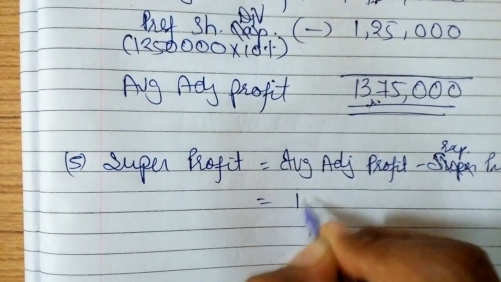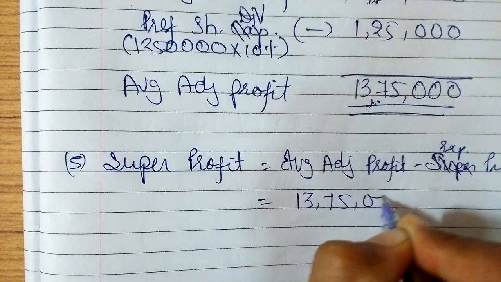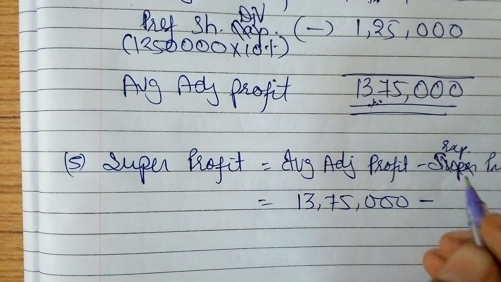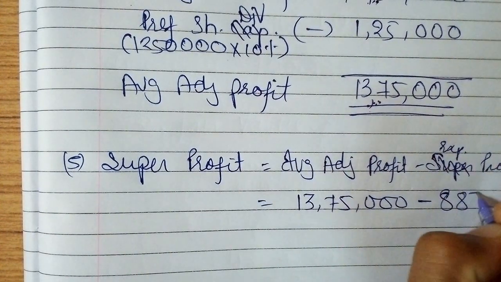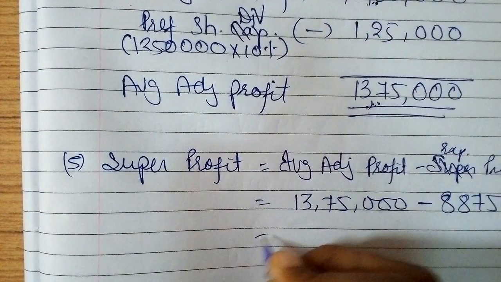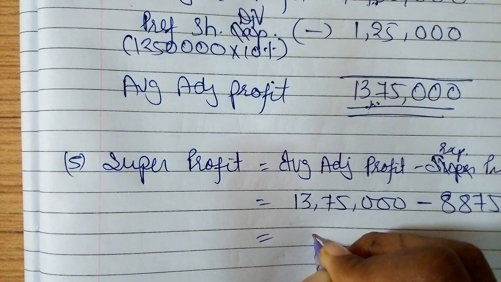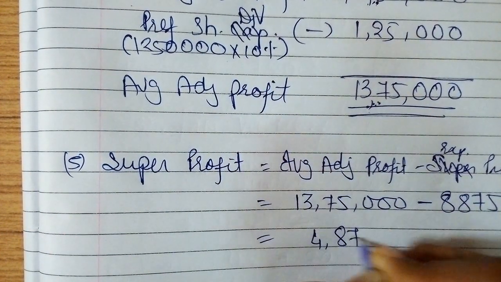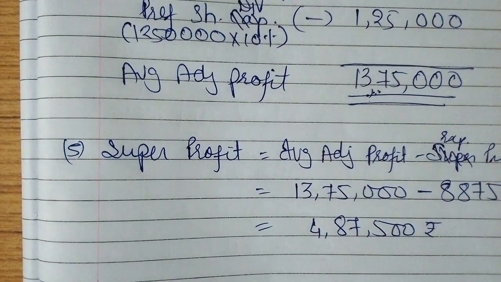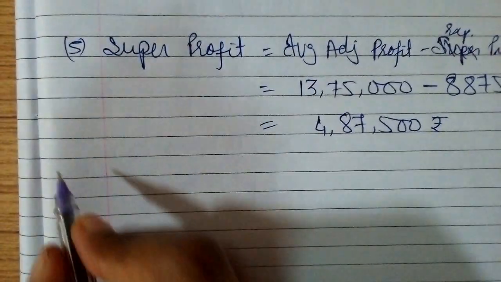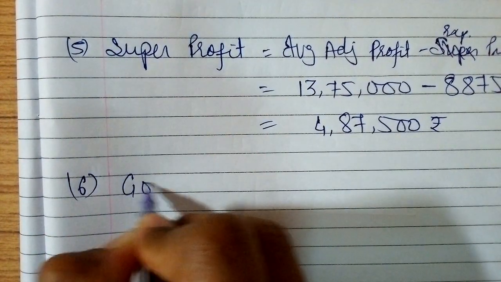So average adjusted profit is 13,75,000 and my expected profit was 8,87,500. So my super profit is 4,87,500 rupees, right?